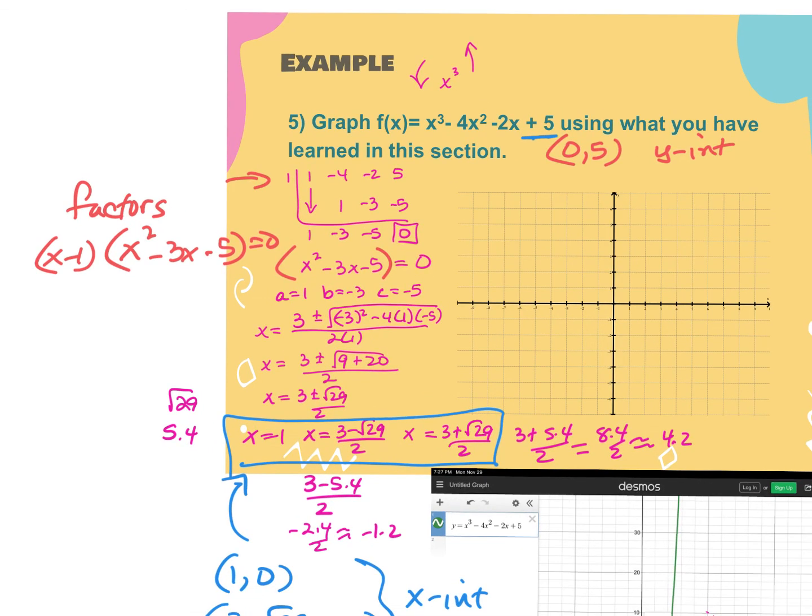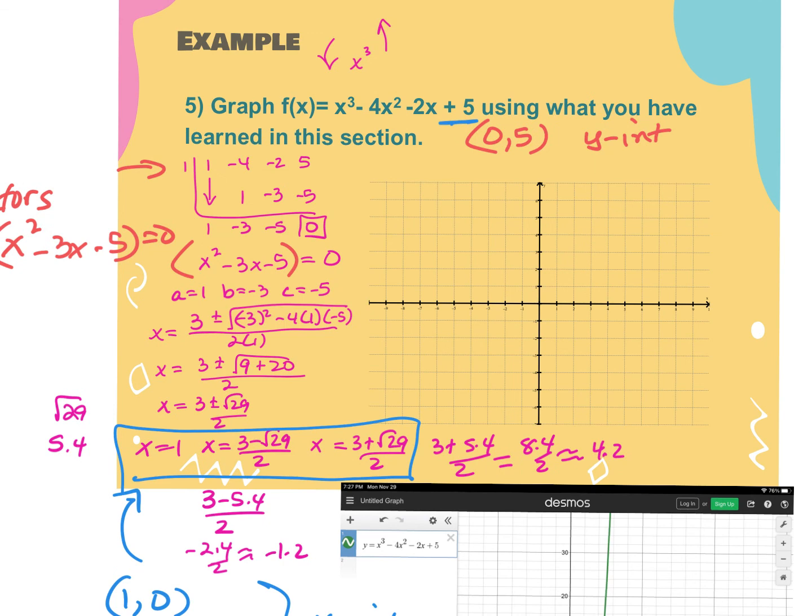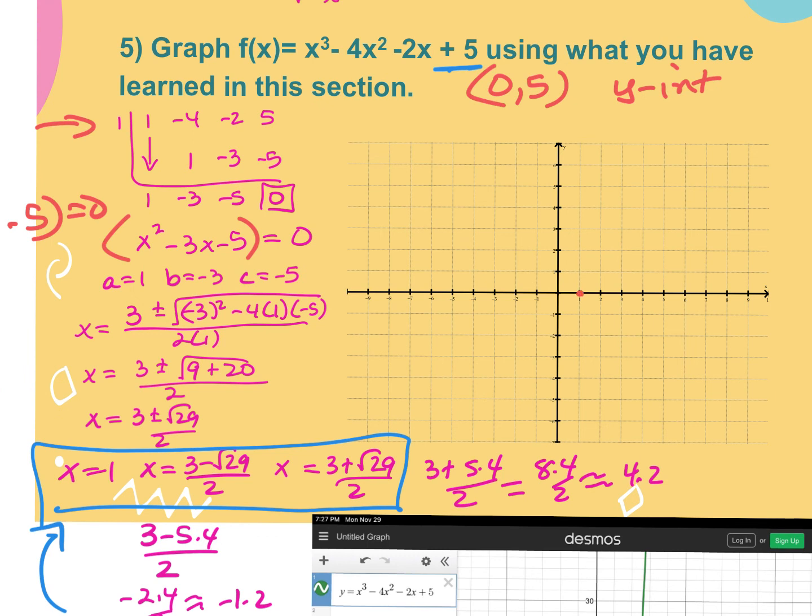So let me go ahead and get the zeros on the graph. Again, remember we're going to graph the positive 1, the positive 4.2, and then the negative 1.2, and my y-intercept.